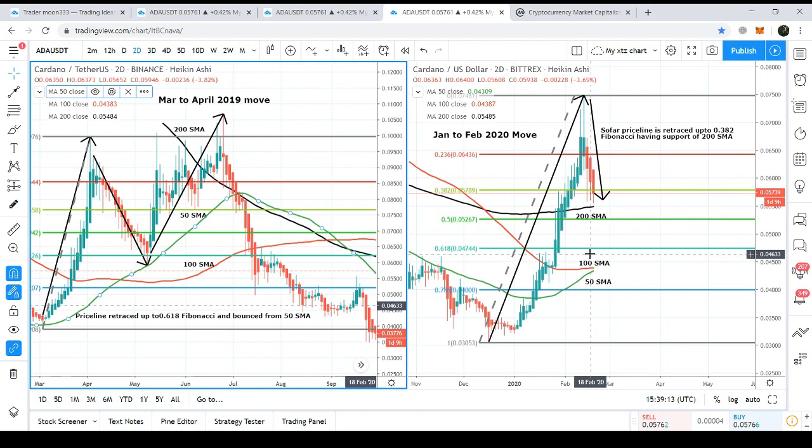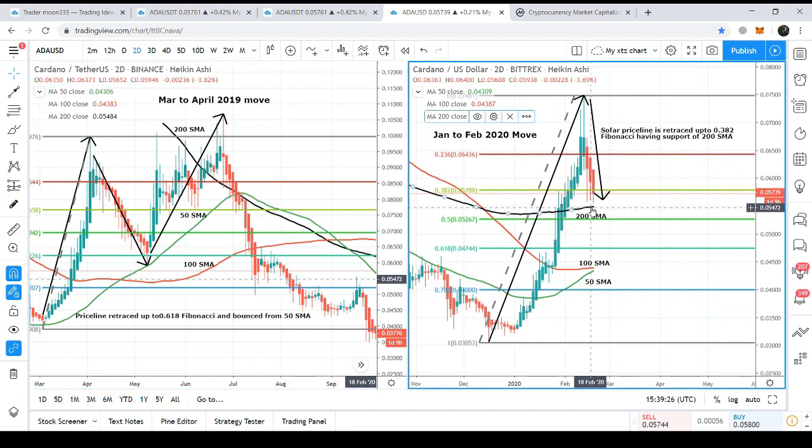And this time, there are many professional traders who will be taking a long position at this 200 moving average. They will be placing their buying orders here, and they will also be using this moving average as a stop loss. There would be some other investors, for example, someone who bought here, someone who bought here, but all the professional people would be using this simple moving average 200.